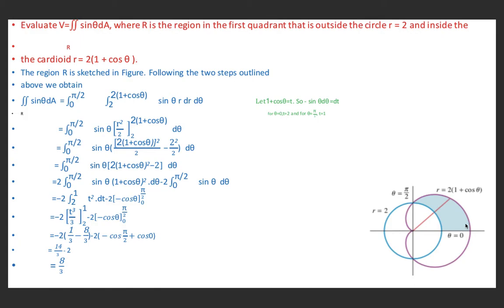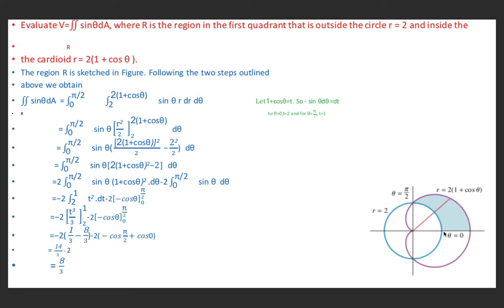So in this example, in the first quadrant, if we draw a radial line from the origin through the region, we observe that it intersects the boundary of the circle at r equal to 2 and the boundary of the cardioid at r equal to 2 into 1 plus cos theta. Now we imagine rotating the radial line about the origin, thus sweeping out this shaded region.